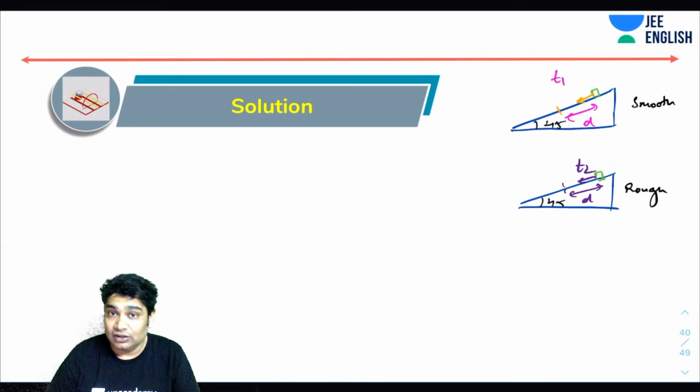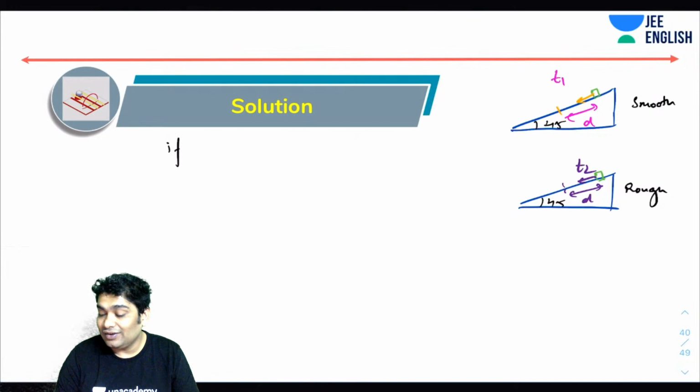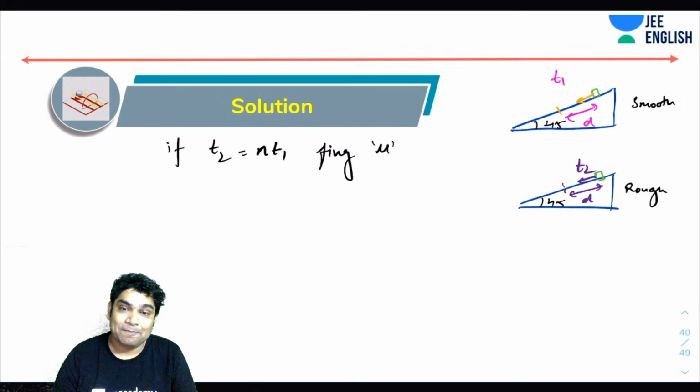What the question is essentially trying to tell you is that t2 equals n times t1, find mu. That is what the question is trying to say. So let's just quickly solve this.